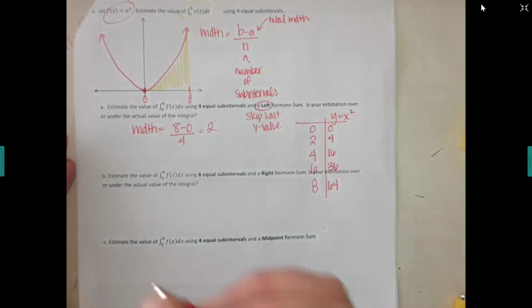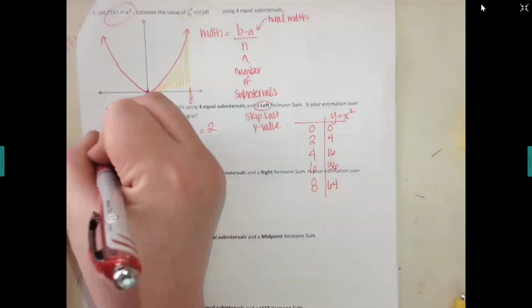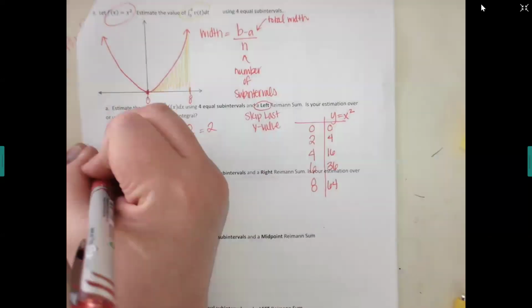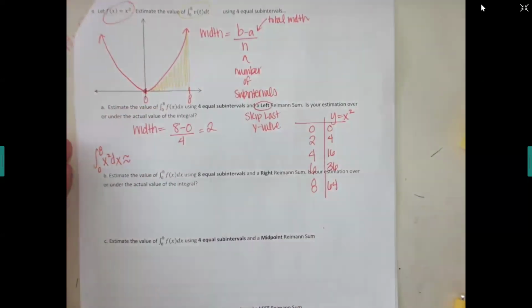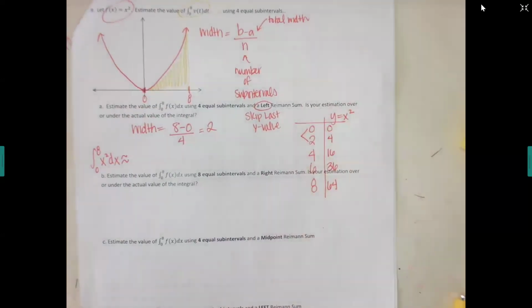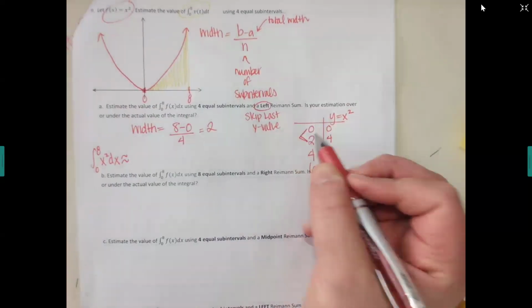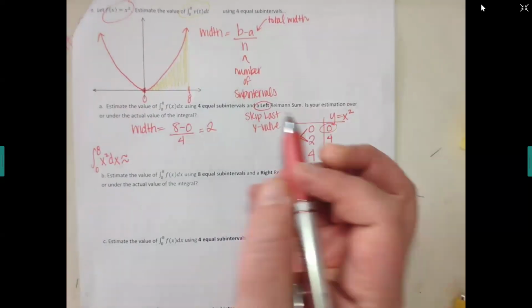So let's set up our Riemann sum. The integral from 0 to 8 of x squared dx is approximated by, okay, keep in mind, this is not the actual area. This is an estimate of the area. Okay, what is my width from here to here? 2. And then what's my left side y value?